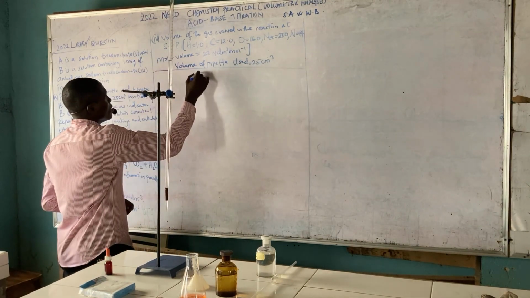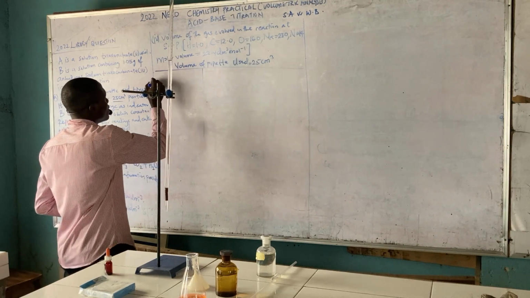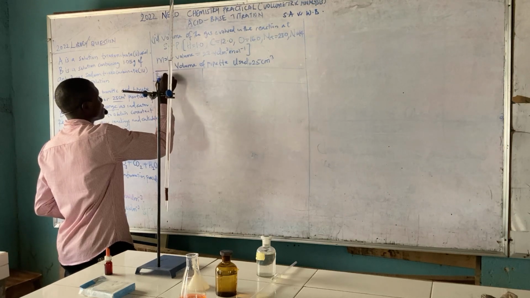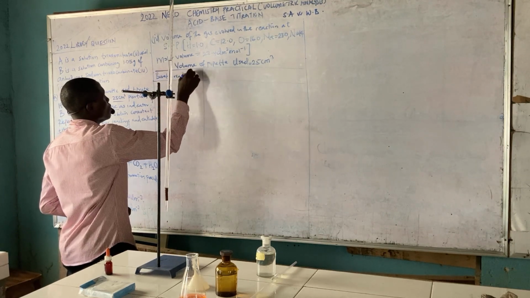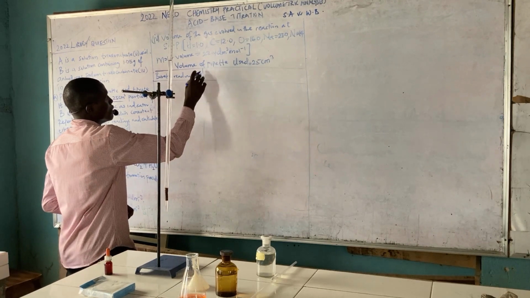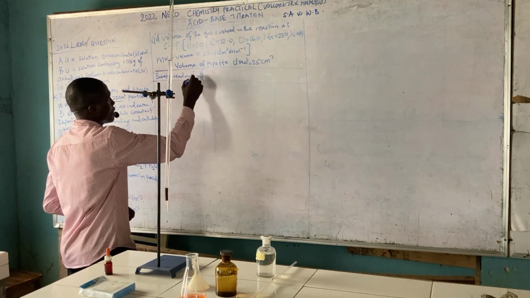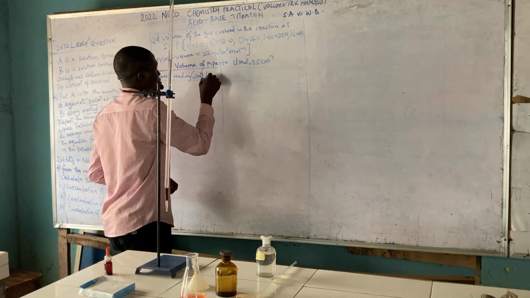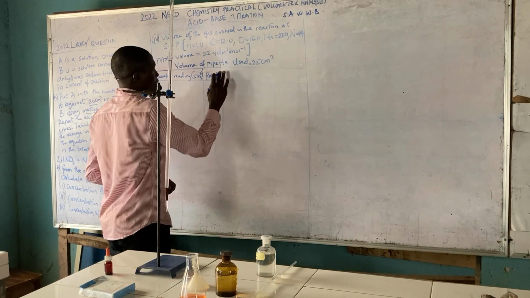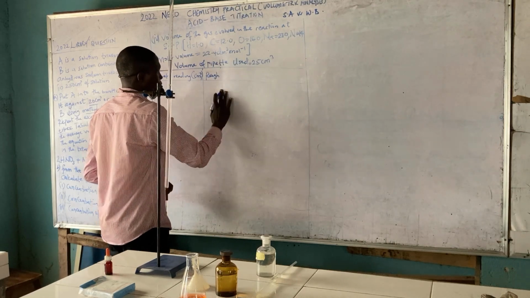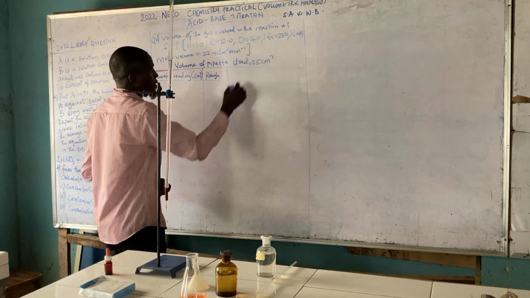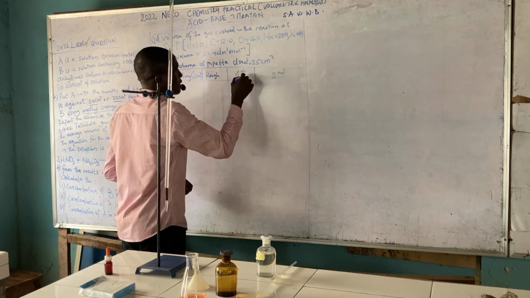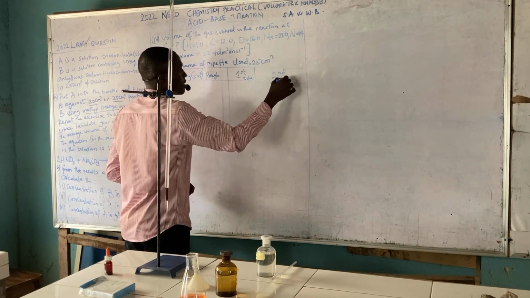Then the first column is the burette reading column, which is in cm³. The first one is rough, the second one is first titre, and the third one is second titre.